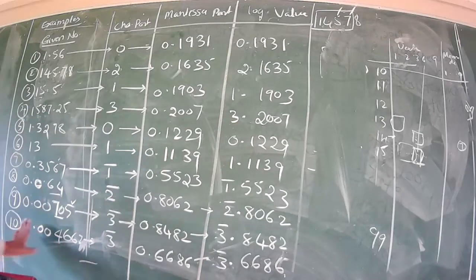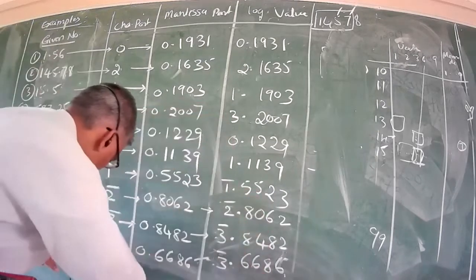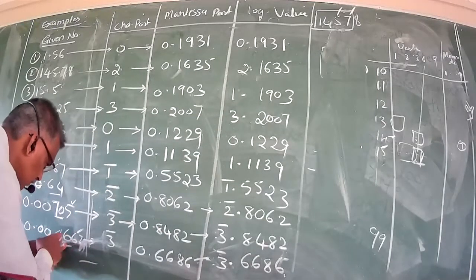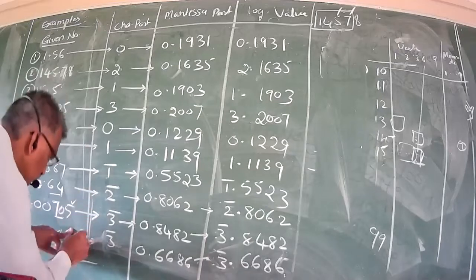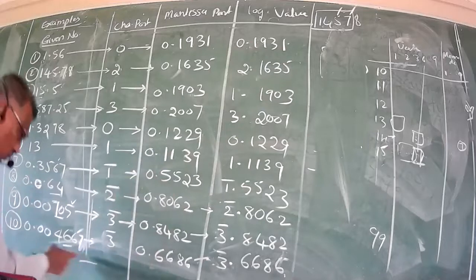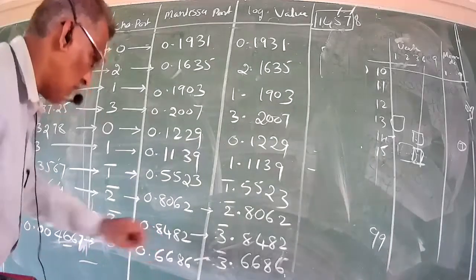Here ignore this 0 and this, and 4, 6, 6 and 7. Go to the 46th row and move in the same row to the 6th column, and continue to the mean difference column. That number should be added to this number. So it gives you the number 8482.